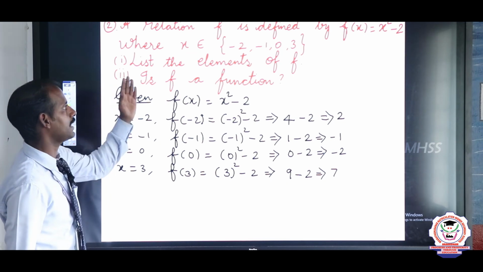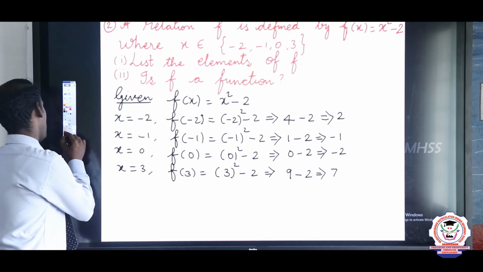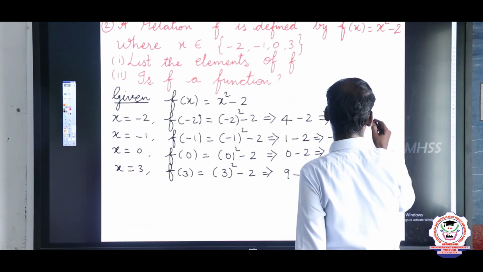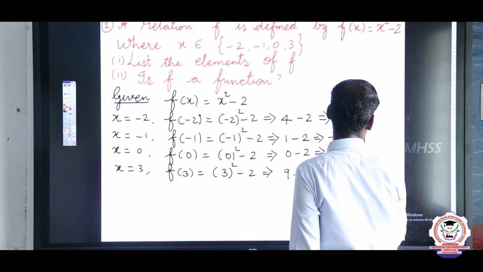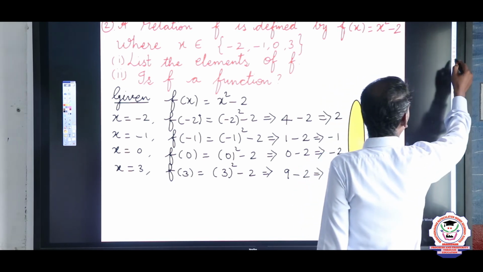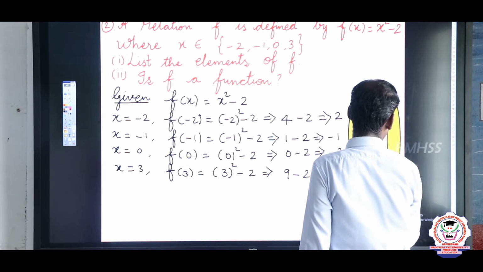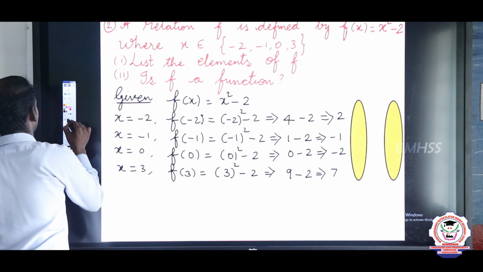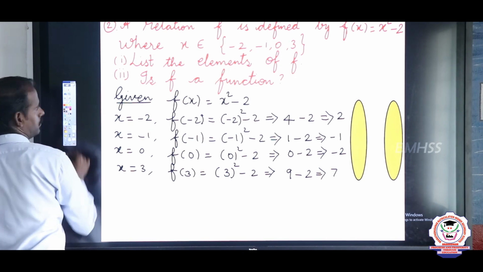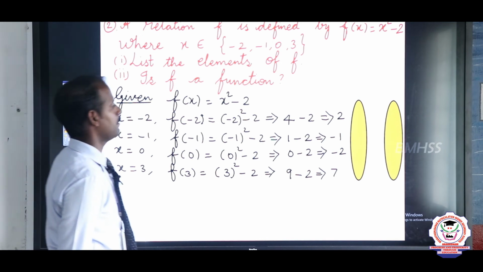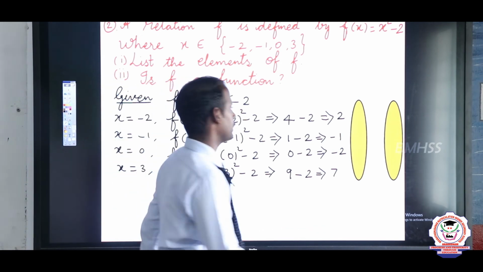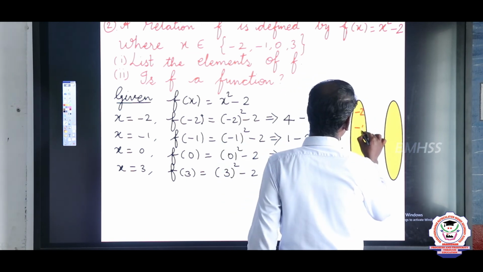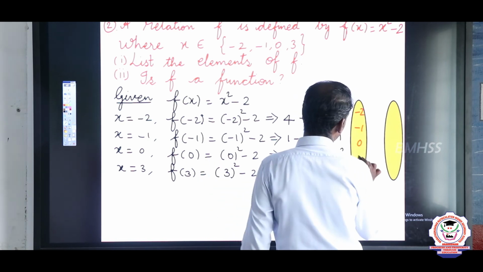Then next, list the elements of f. So I will explain with an arrow diagram. Here the first value is minus 2, then the second value is minus 1, third value is 0, fourth value is 3.